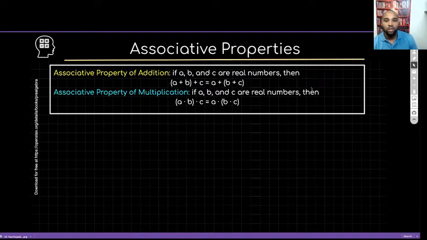All right, what about the associative property? What is that? The property says, what if you associate two numbers here, but two different numbers on the other side?